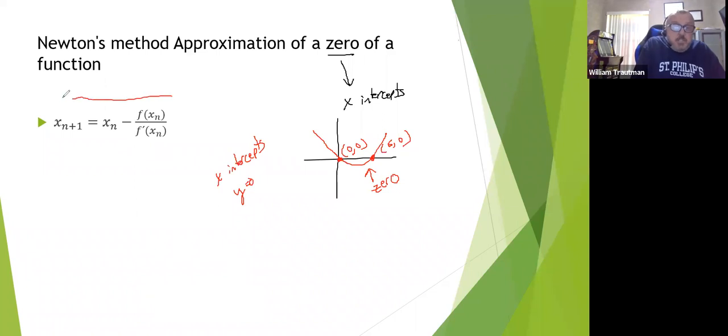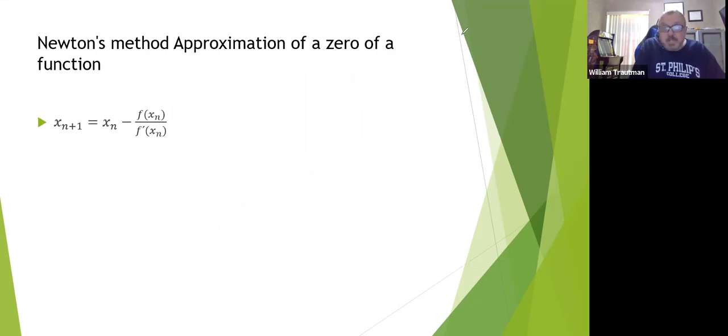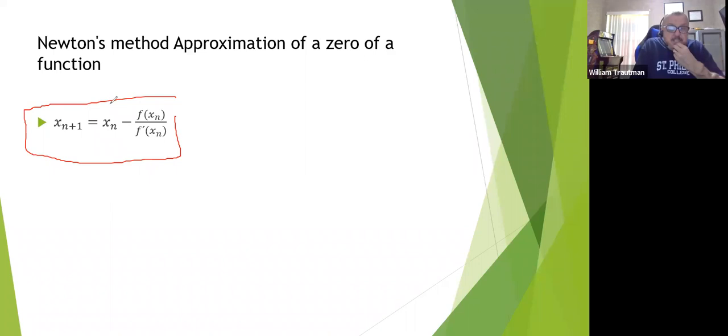And we're going to use this formula, so you better have this formula written down when you take a quiz or a test. Let me explain this formula a little bit. I'd like to call this a guess.